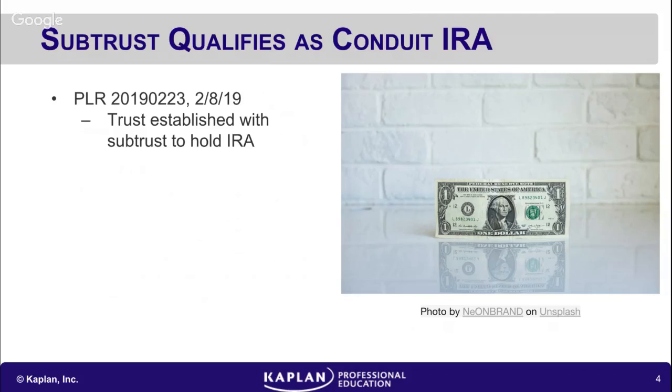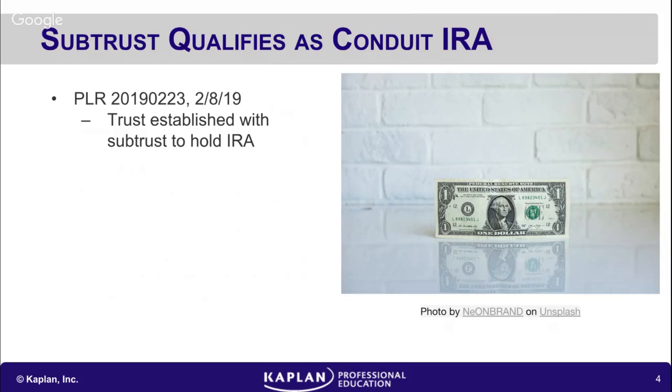When this individual died, the IRA funds were payable to the trust, but the trust established a subtrust to hold the benefits and distributions from any retirement plan. These trusts and the subtrust are valid under the laws of the state.